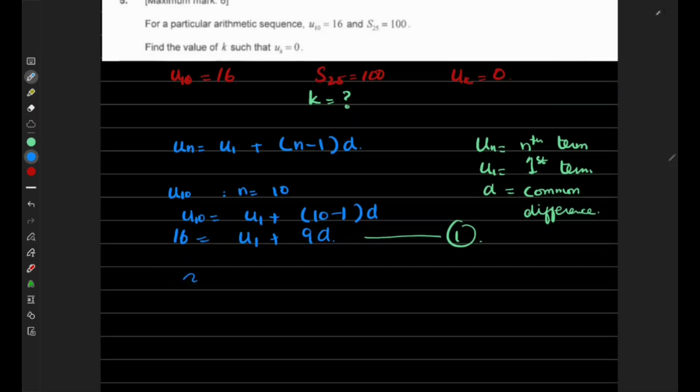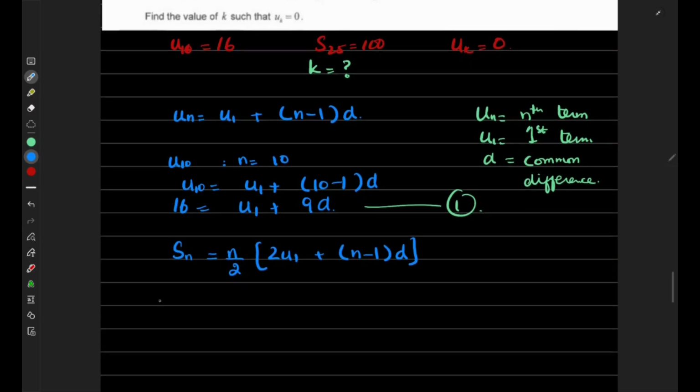Now we have the formula of the sum of n terms, which is Sn is equal to n over 2 times (2U1 plus (n minus 1)d). Now from the given elements, we have S25, in which n is equal to 25.